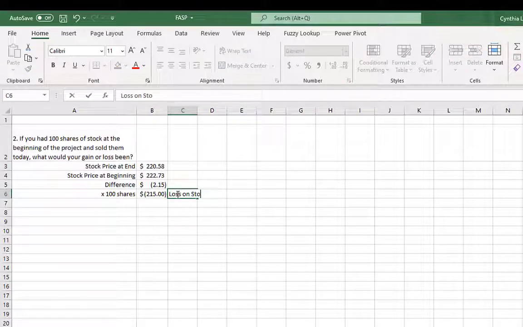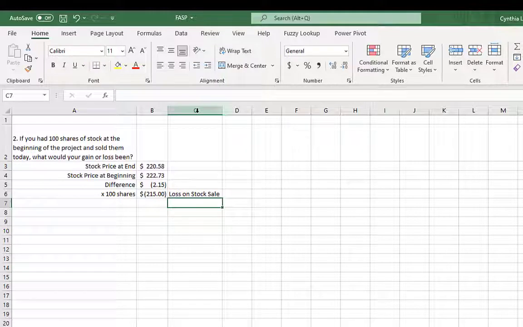Loss on stock sale. Kind of not very exciting. Wish I hadn't lost that money. Okay. Again, I could have held on maybe and made some money. Let's go look at the next.